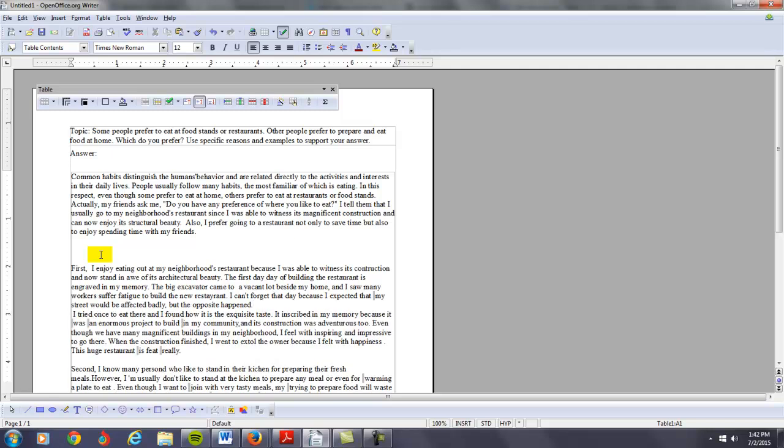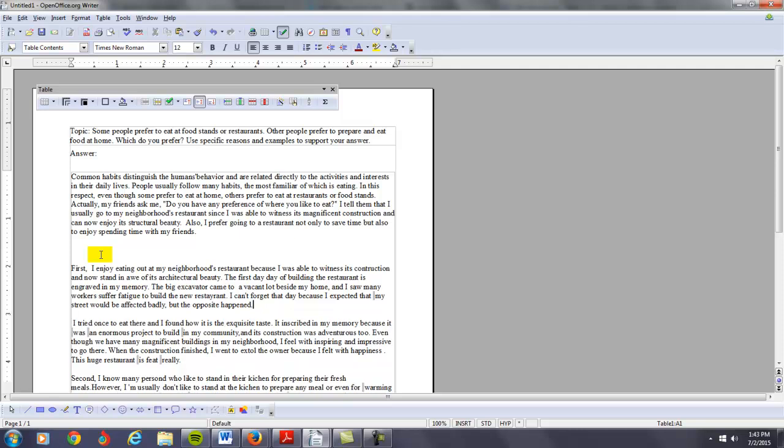So we probably have to explain this idea in a little bit more detail here. I think because we're introducing this for the first time, you can probably say this. First, I enjoy eating out at my neighborhood's restaurant because I was able to witness its construction and now stand in awe of its architectural beauty. The first day of building the restaurant is engraved in my memory. A big excavator came to a vacant lot beside my home.